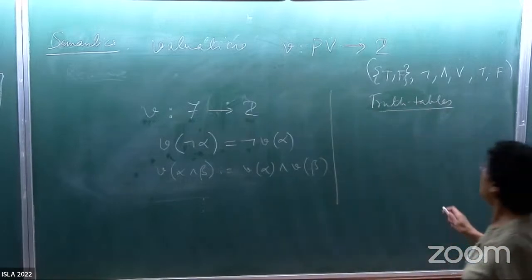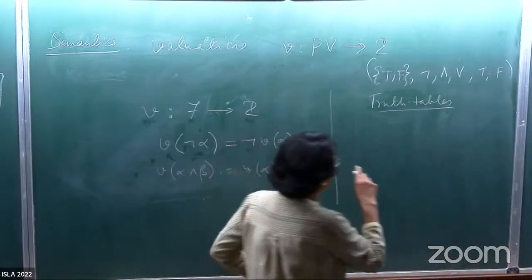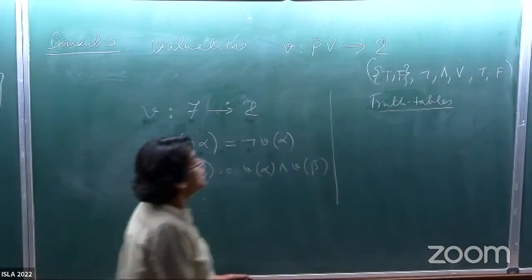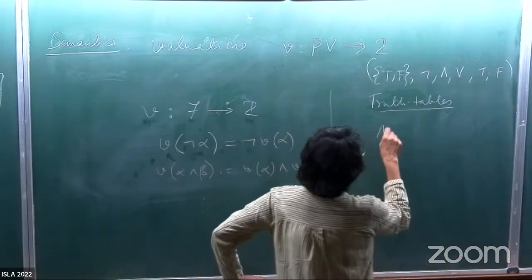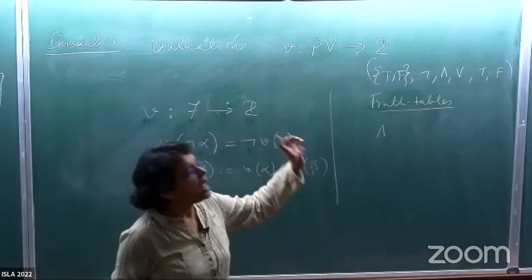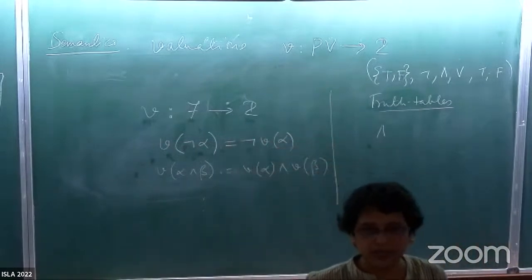So just a couple of comments on that before I move. These are some things that we need to keep in mind because very often some kind of confusion happens. For example, the way we define AND is taking the minimum, right? If you look at the table for it, you will see that this operation is commutative.